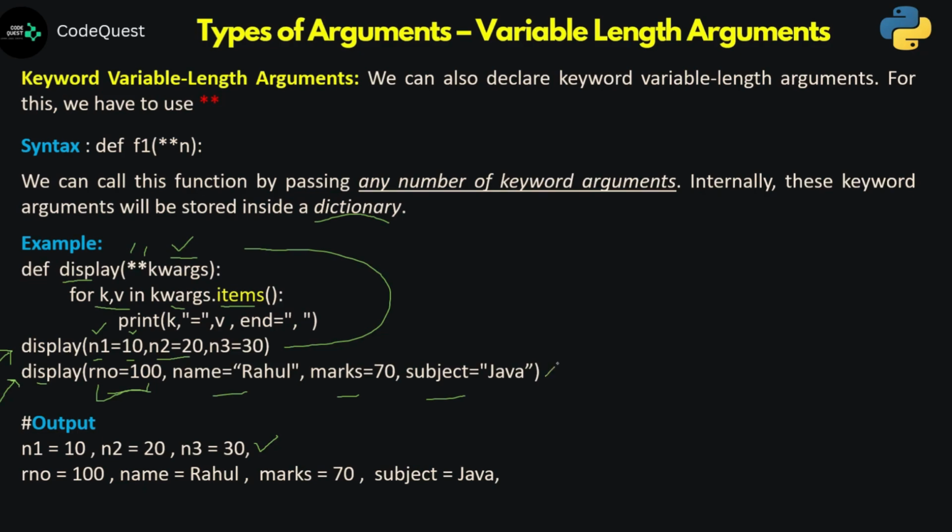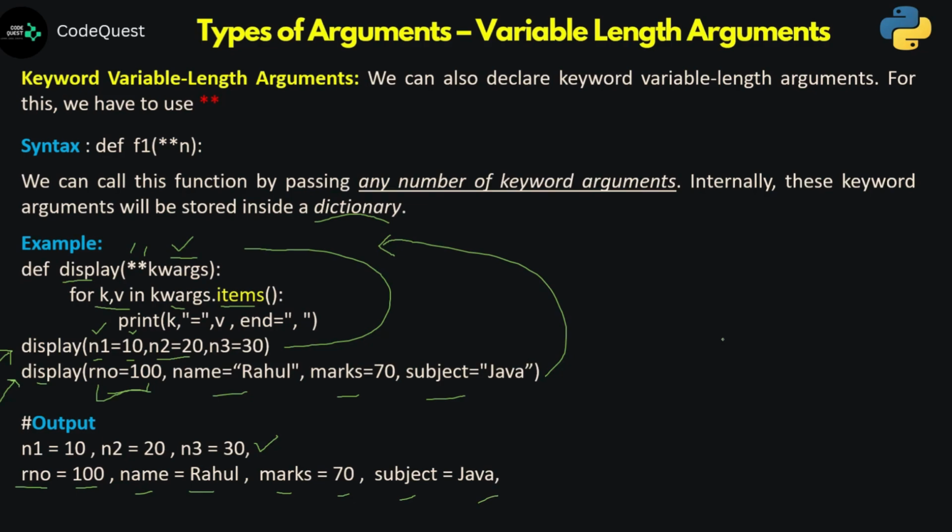When this goes into the function definition, kwargs takes up this entire list of arguments in the form of a dictionary, and keys and values are taken from it, and we display the key and the corresponding value, like roll number, that is RNO equal to 100, name is Rahul, marks is 70 and subject is Java.